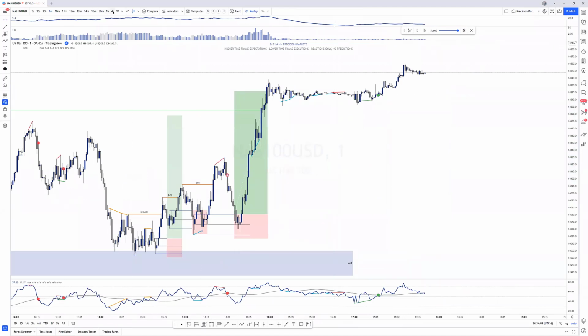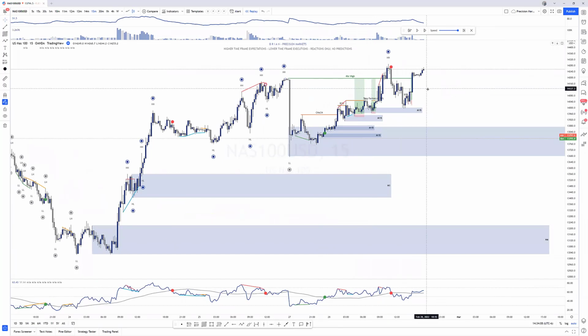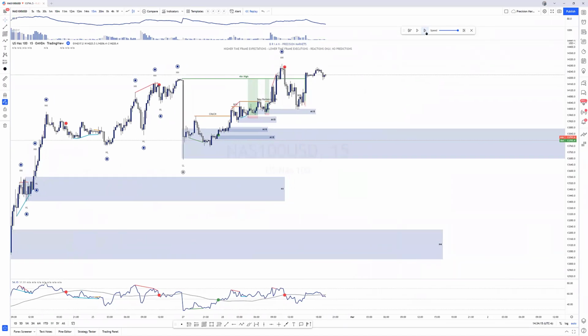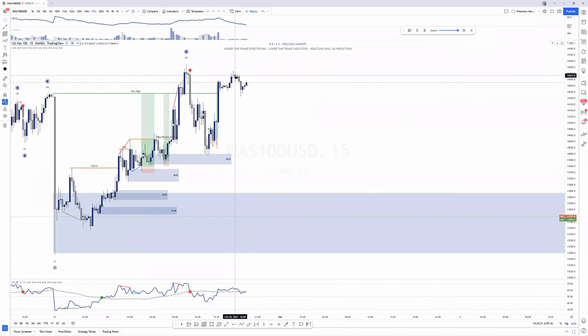So at this point, we're going to go back to our 15 minutes and our 4-hour. So 15 minutes, this is where I think it passed over. Oh, no, it just barely came into it. All right. So at this point, this is the Asian market again.